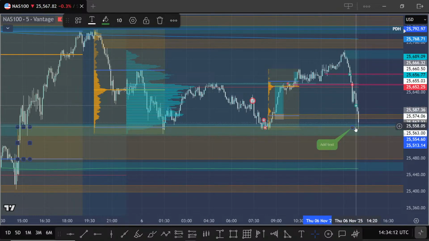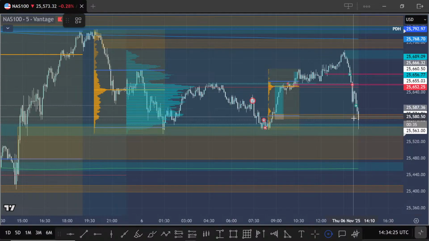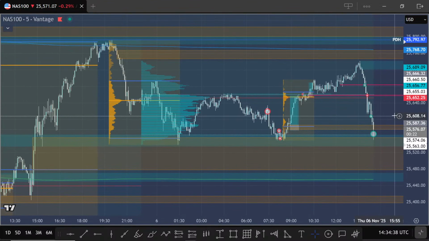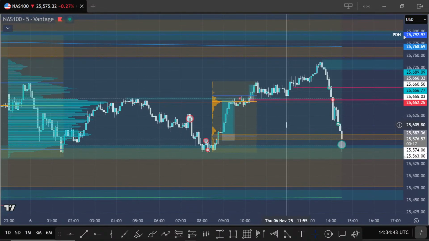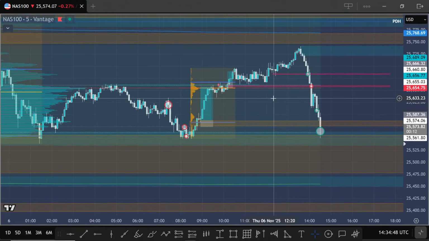Okay, so here we've got a value area low. We've got a big trade buy in here, and it is 234, right at the beginning of the session.